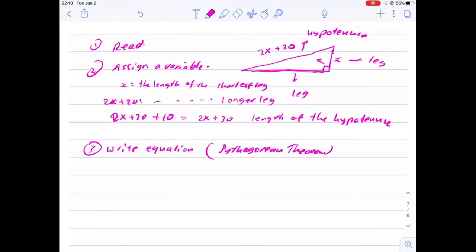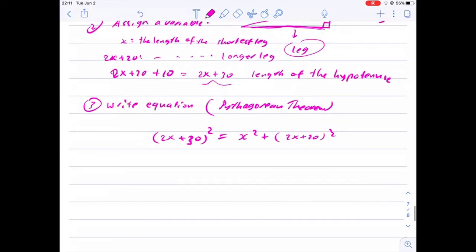So this is 2x plus 30, the hypotenuse squared, equals the sum of squares of the other two sides. I mean x squared plus this side, 2x plus 20 squared. Okay, and then we simplify.